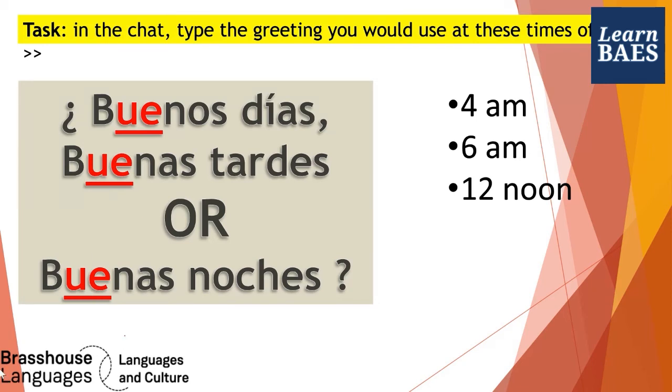Can we have the next one? Okay. Sorry. We've got 7 p.m. Sí. So, buenas tardes, buenas tardes, buenas tardes. Perfecto. So all of you are right in saying buenas tardes. Vale.